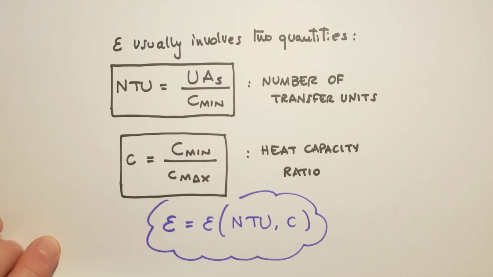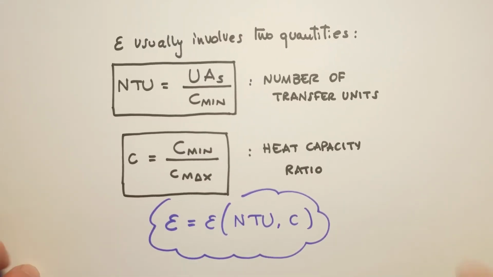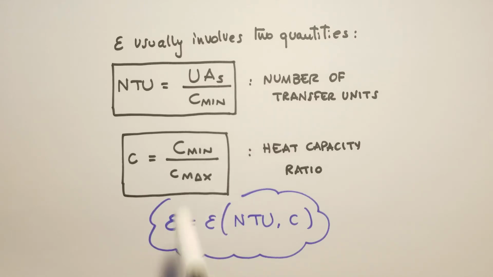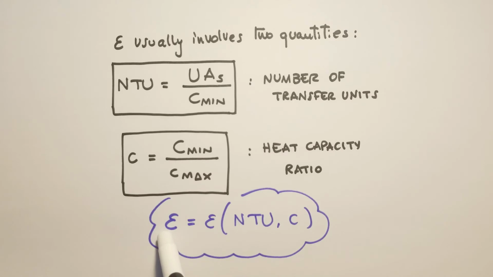That's U, the overall heat transfer coefficient that we computed in the last lesson, times A_s, the surface area, divided by the smallest C_min, so the smallest heat capacity. And then we have small c, and that's the ratio between the two heat capacities. So in general, the effectiveness epsilon for a heat exchanger is a function of these two quantities.